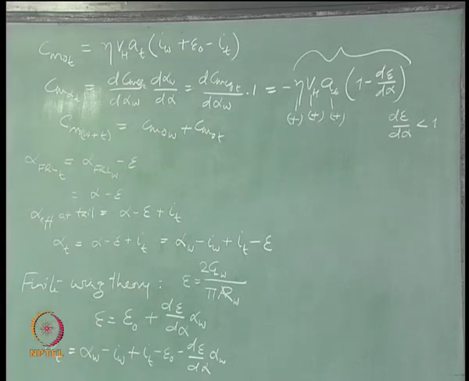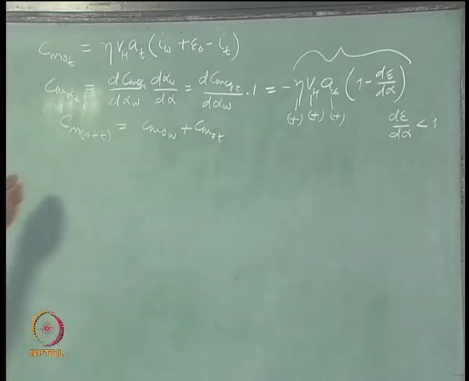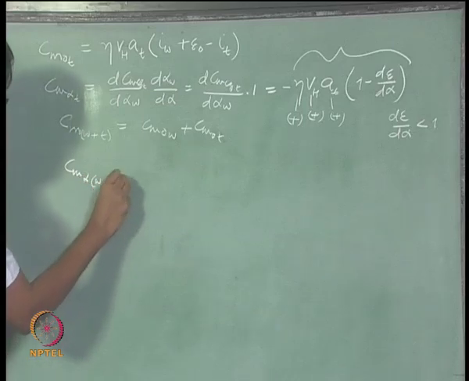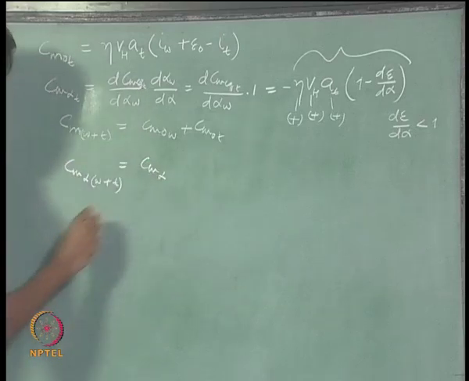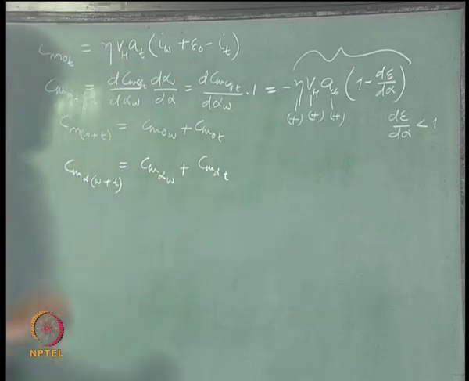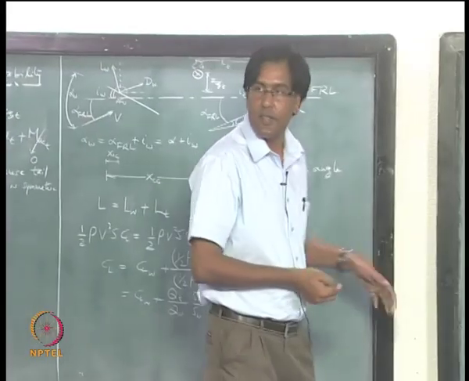So, and Cm alpha wing plus tail is the sum of these two quantities, right. So we can continue from here in the next lecture.